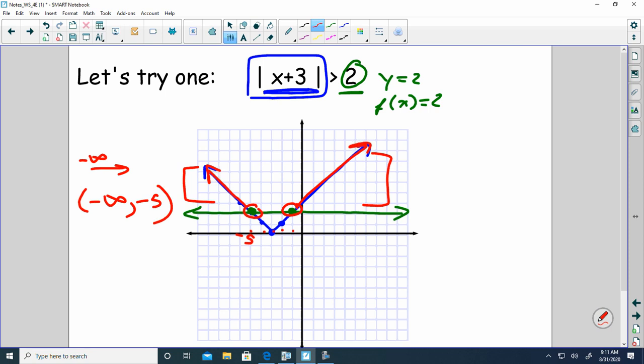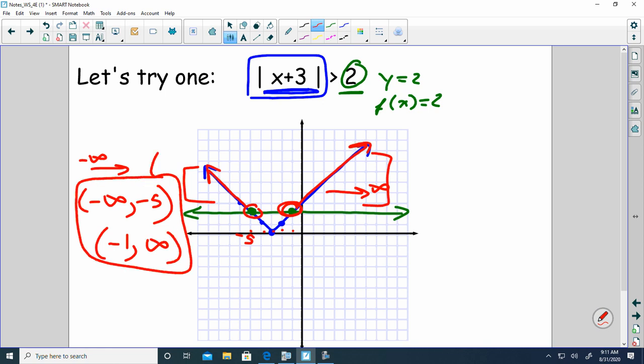And then from here, that's at -1, and that continues forever to infinity. So this is our solution to this problem: from -infinity to -5, rounded bracket because we don't have the equal sign there at all, and from -1 to infinity. You're talking about in the x direction, where it is greater than that graph.